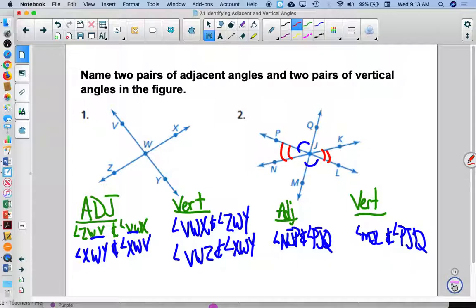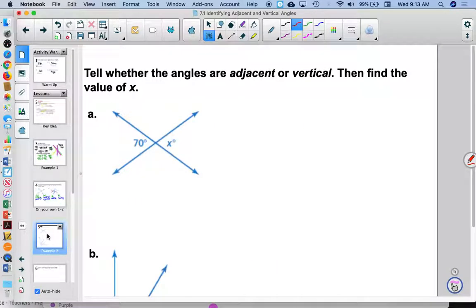Could I find it if I knew the other two? I sure could. Because I would know that I have a straight line here, and so these two plus that one would have to equal 180 degrees. And that's how we're going to be using this knowledge of vertical and adjacent, okay? We're going to apply it, not necessarily today, but a little bit.